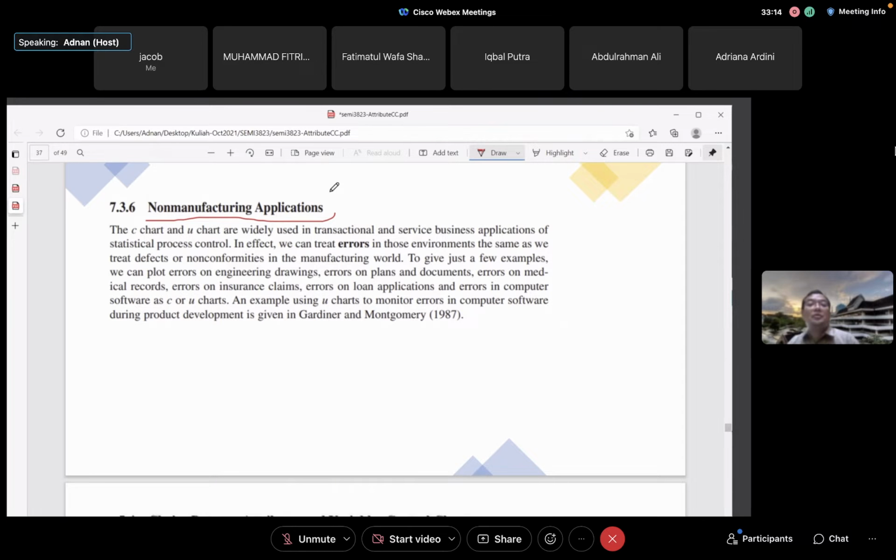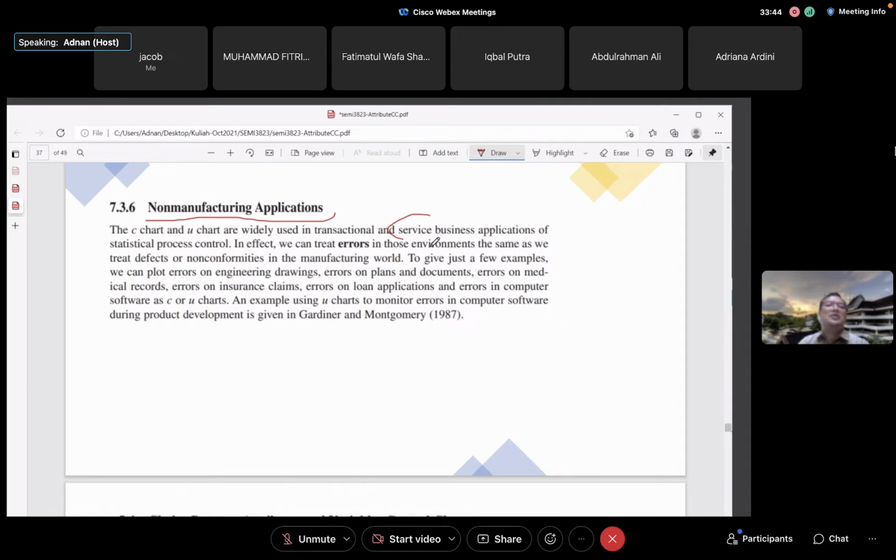Even a bank uses control charts to monitor mistakes done by their workers. For example, for processing applications, how many mistakes the workers have made, or maybe you want to monitor mistakes when they are typing documents. We can monitor by using attribute control charts, so it is widely used in service business.